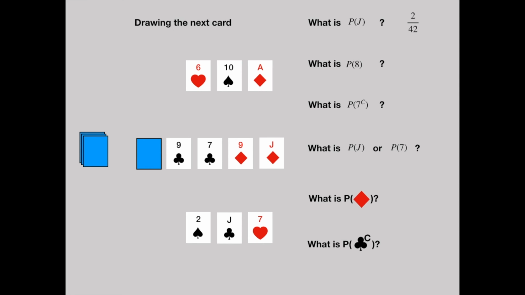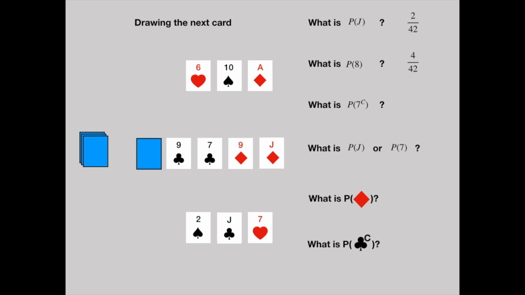Now, what is the probability of getting an 8? There's no 8 on the table, so there are still 4 eights in the pile, meaning the probability will be 4 over 42. What about the probability of the complement of 7, which means, what is the probability of not getting a 7?